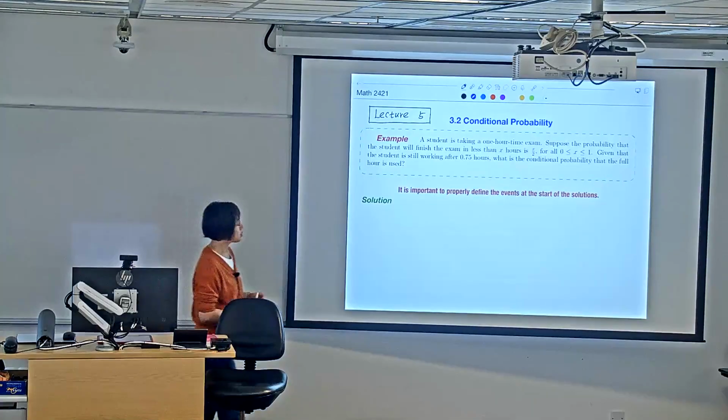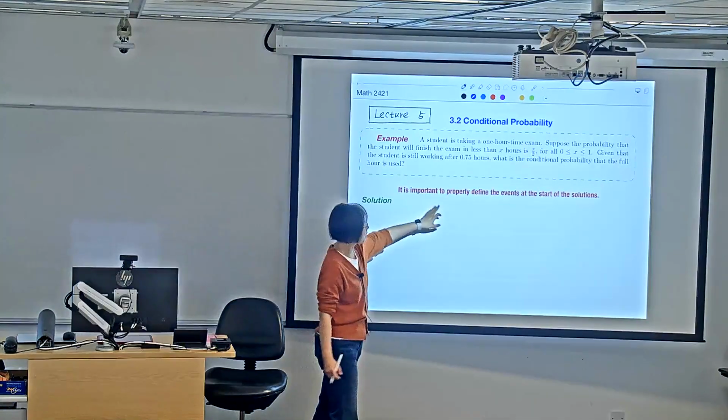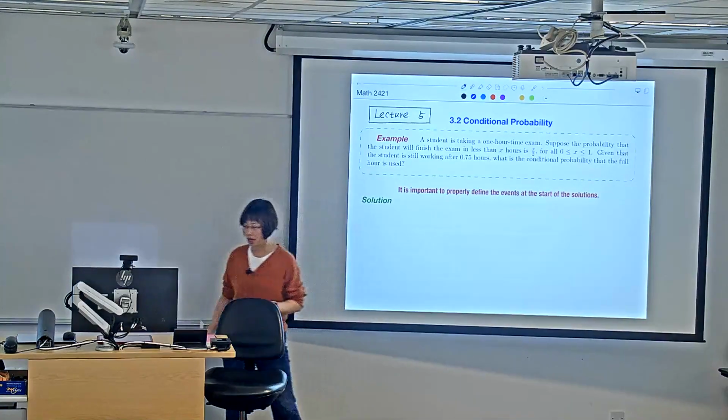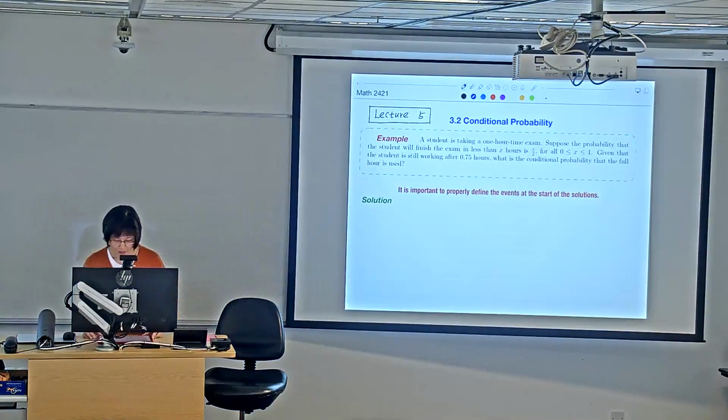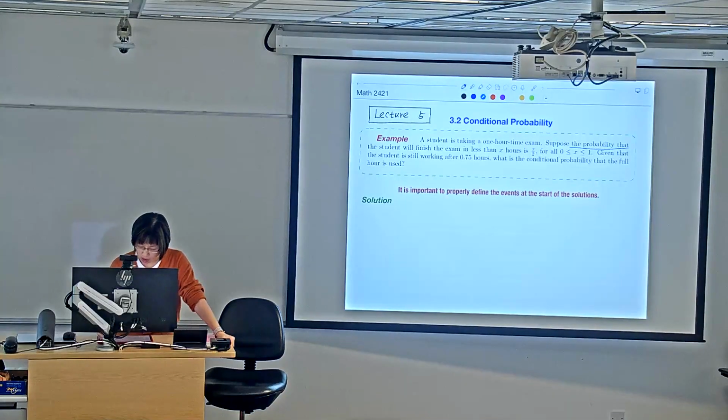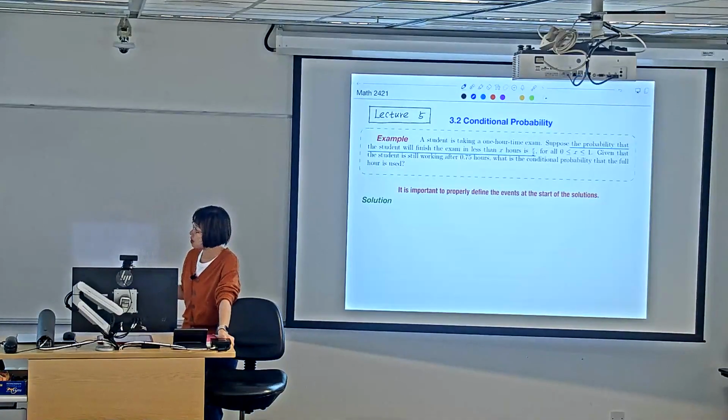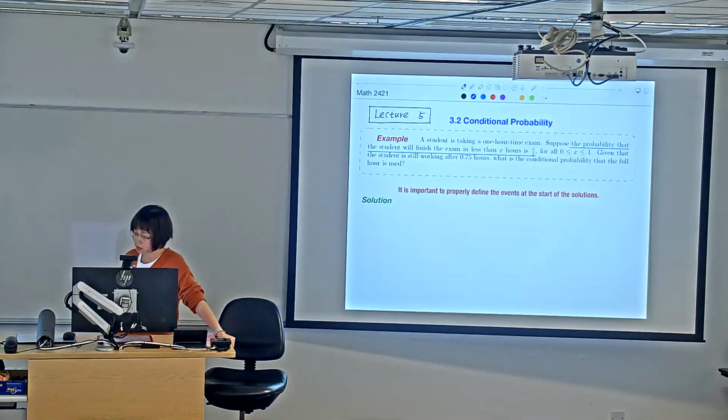To solve this one, the first step is to properly define the events we are going to work with. The most important information given here is that the probability that the student will finish in less than x hours is x/2. So this probability depends on the variable x, and it's sort of a function.